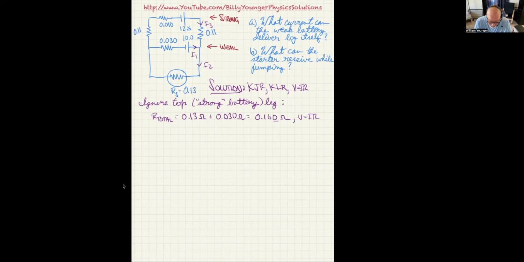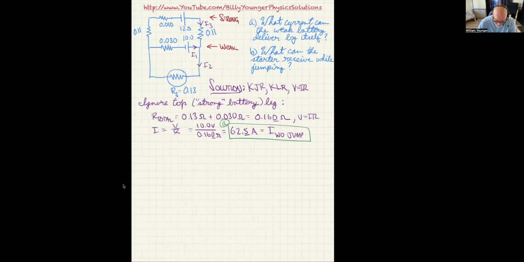0.160 ohms. That's only good to 2 decimal places, because in fact we had three decimal places with the 0.030, but we only had two in the 0.13. So that's how we had to make it 0.160 with the zero not being significant. Now we can use Ohm's law, V equals IR, to say 10 volts is equal to the current times the total resistance, 0.16 ohms.